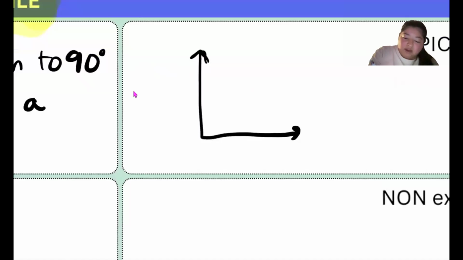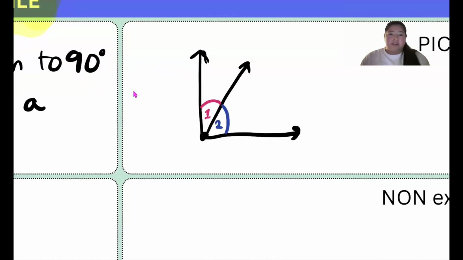Let's say we know we want it to be 90 degrees. Now, if I cut this in half, right, we have angle 1 here, this pink one, and we have angle 2 here. Those two angles, if I put the symbol here and I'm telling you guys it's 90 degrees.